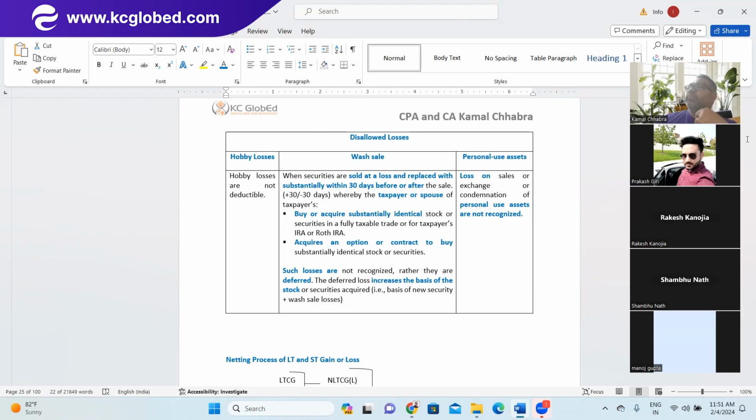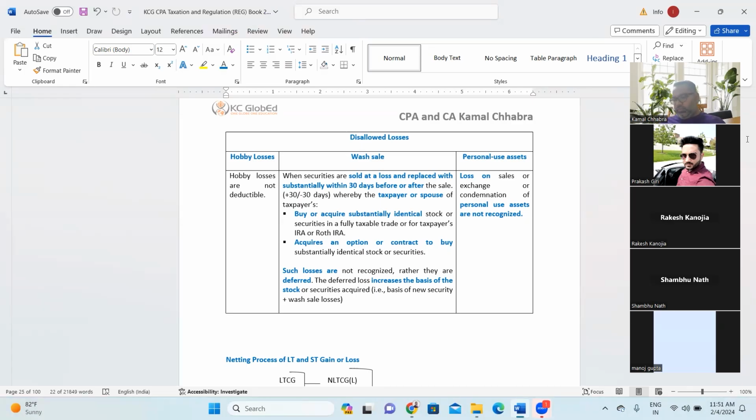No, sir. The point is when you receive a share in a dividend, the average cost price of that share of your holding gets reduced, but your overall holding price remains the same. No, this is about cash dividend, not stock dividend. So Rakesh, what we are discussing is cash dividend.